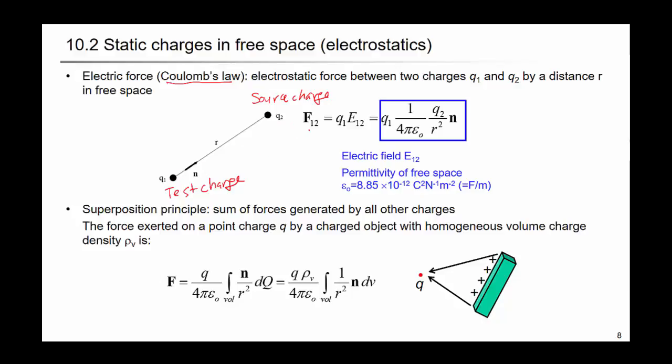Then the force is Q1, the charge, times the electric field caused by the source charge, or Q1 times Q2 over R squared, times the coefficient 1 over 4 pi epsilon 0, and n is the normal vector that indicates the direction of the force, the unit vector.